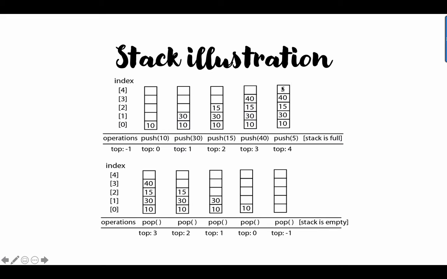Since we have 5 elements, the stack is now full. Another operation that we can use is pop, which removes an item. So we pop to remove the topmost value, pop again, pop again, pop again, until we reach an empty stack.